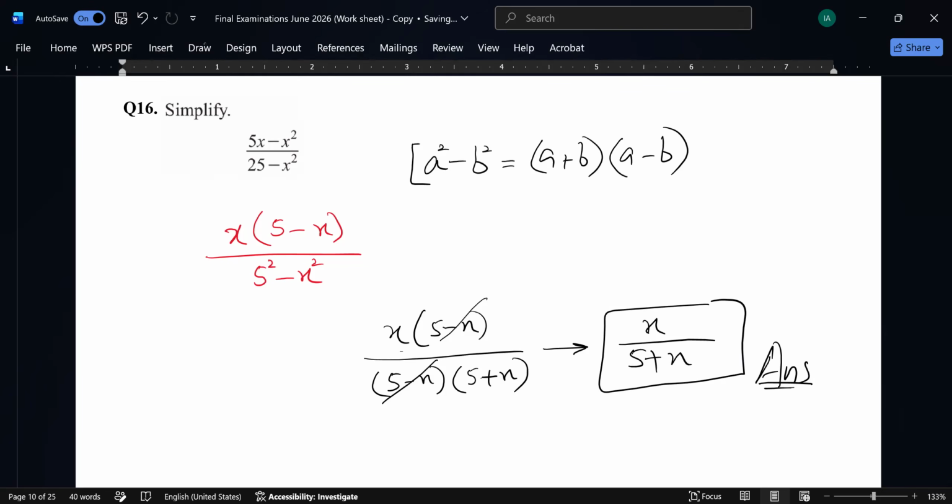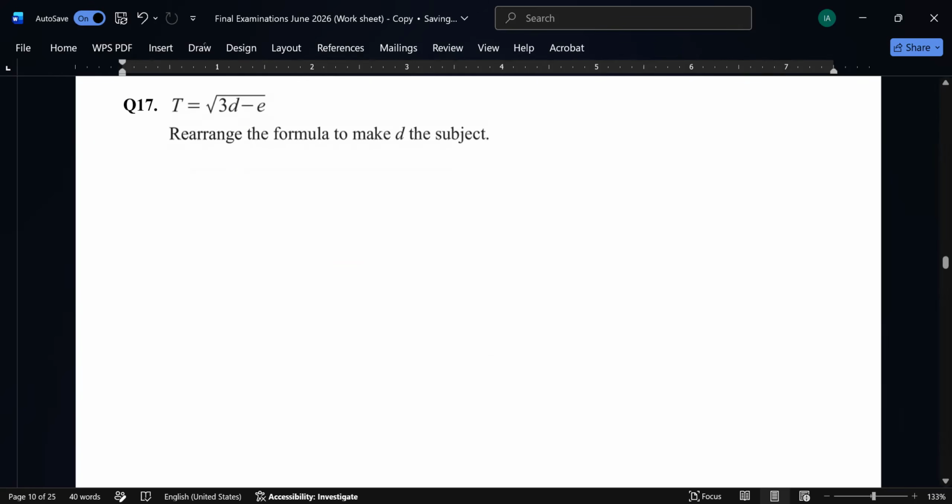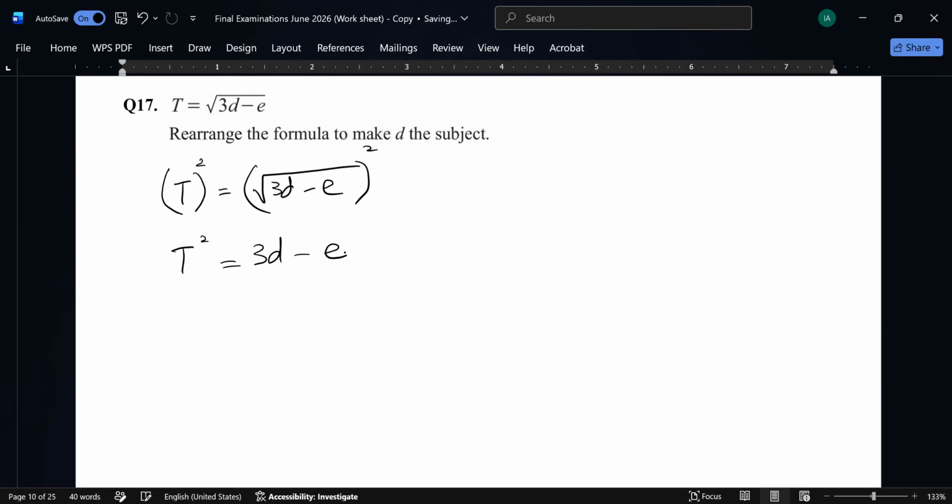Okay, let's take the next question, which is 17. Again, making d the subject, but the d is inside the square root, so we must remove the square root first. For this purpose, we will take the square on both sides so that this square root will be eliminated. t squared is equal to 3 minus e. Now I need to make d the subject.